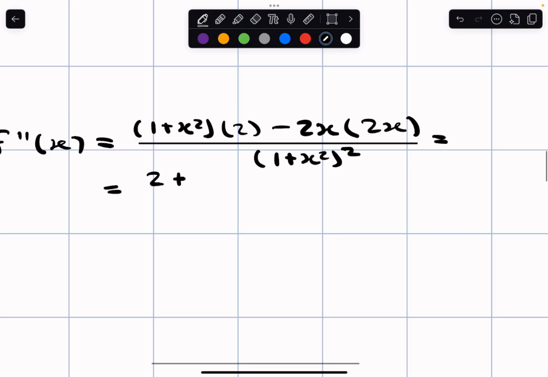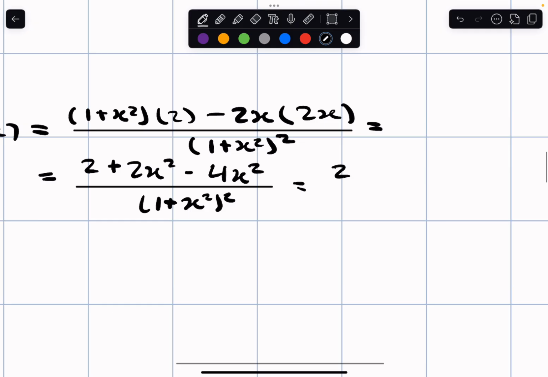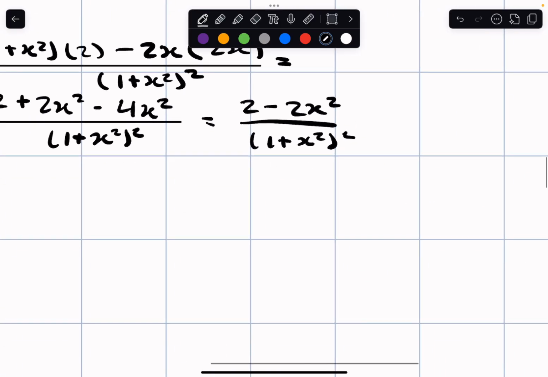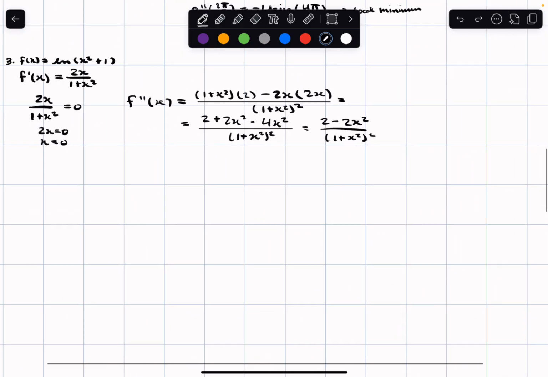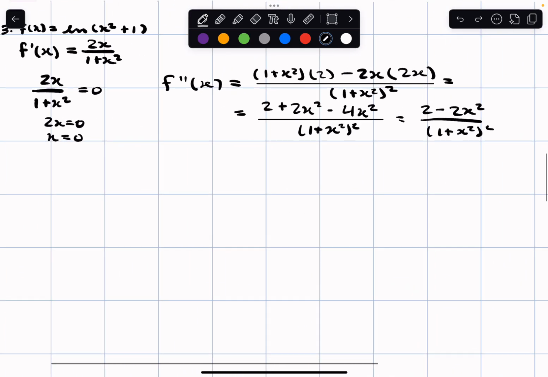So we'll do 2 plus 2x squared minus 4x squared. Then we'll keep the bottom the same. And then we'll have 2 minus 2x squared over 1 plus x squared. Well, we can't simplify this anymore.